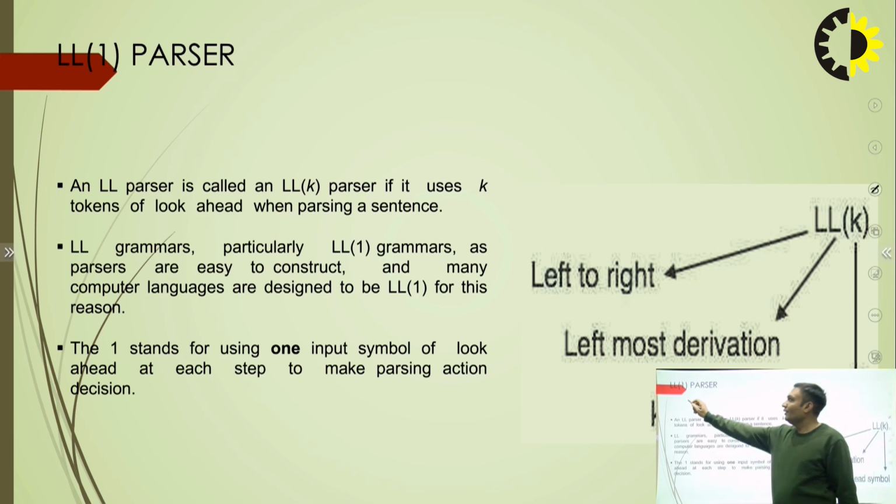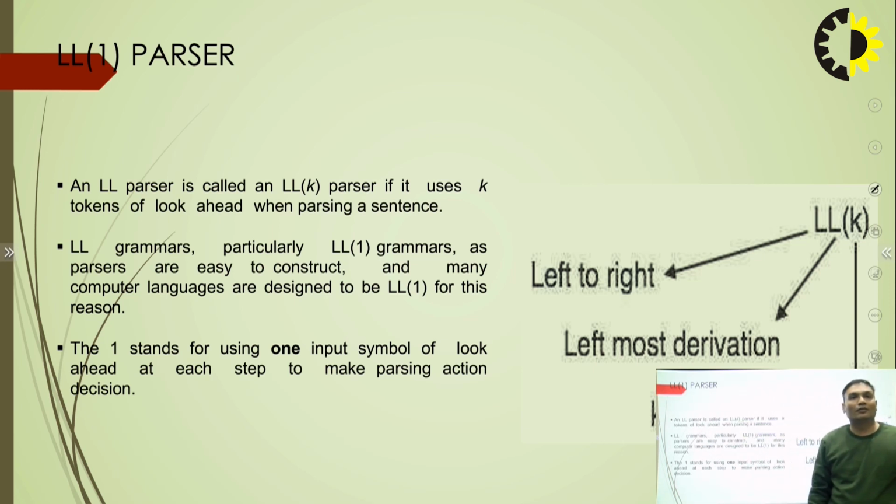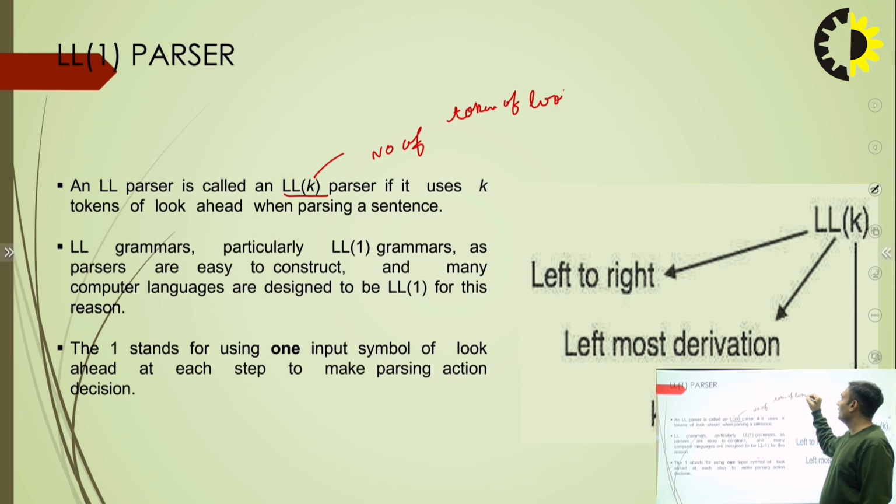Now, as we told you, the predictive parser is also called an LL parser. LL means left to right, leftmost derivation, and an LL parser is also called an LL(k) parser if it uses k tokens of look ahead when parsing a string or a sentence. So k is the number of tokens of look ahead.